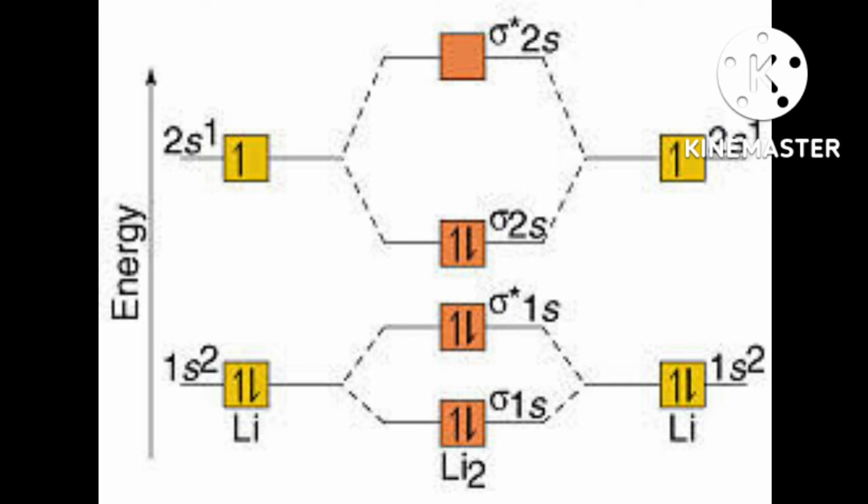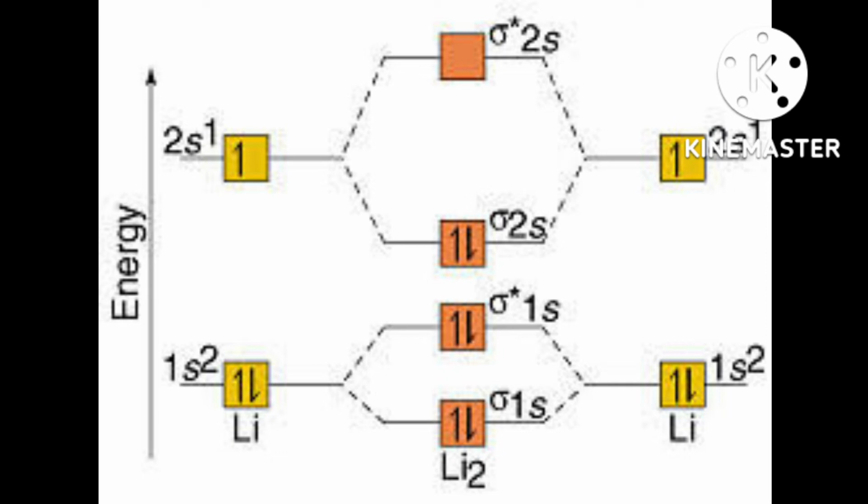If the internuclear axis is taken to be in the z direction, it can be seen that a linear combination, and linear means always sigma, of 2pz orbitals of two atoms also produces two sigma molecular orbitals. Okay, only when they are linear.